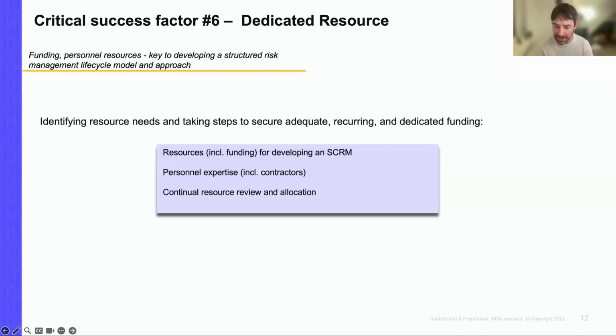That's going to make sure that we're continuing that standardized process throughout. So that continual resource review and ongoing monitoring ensures we have sufficient resource that can handle that increased volume of supplier risk, and so forth.